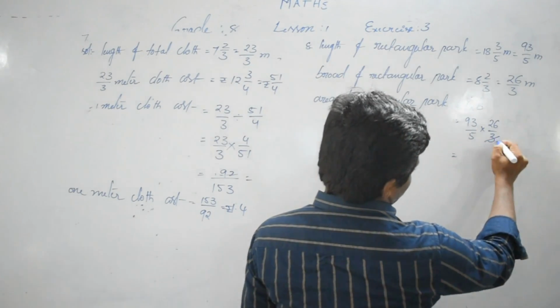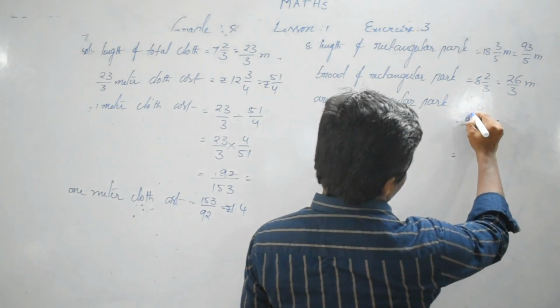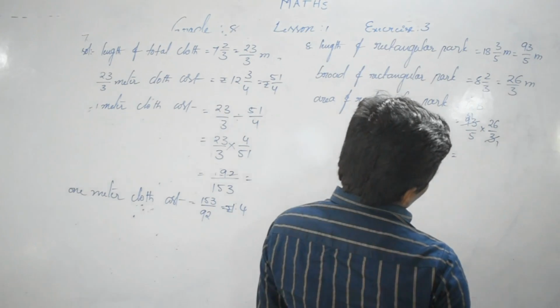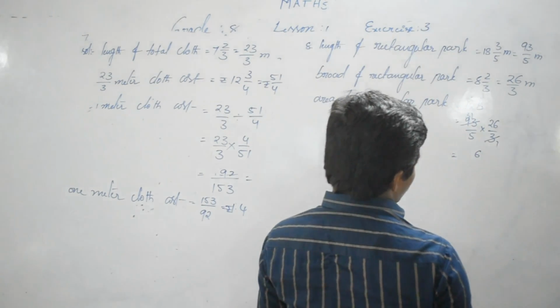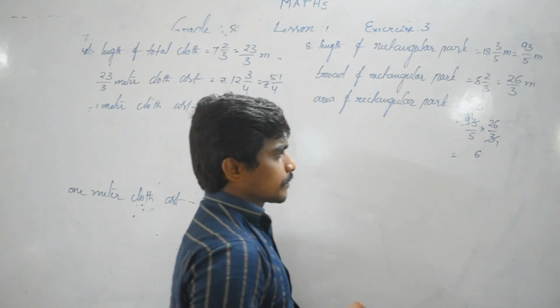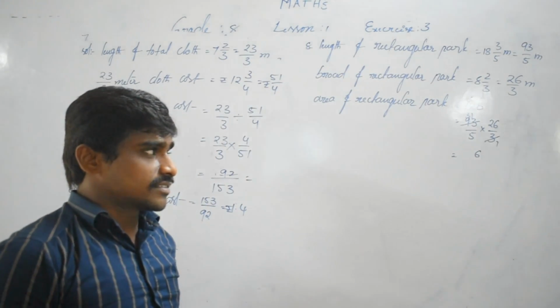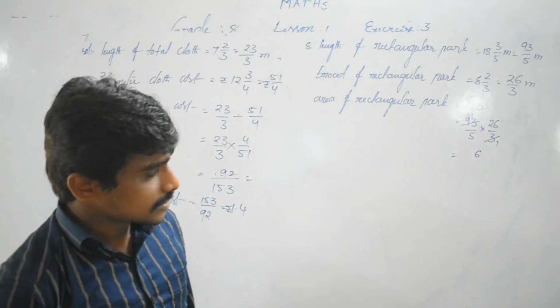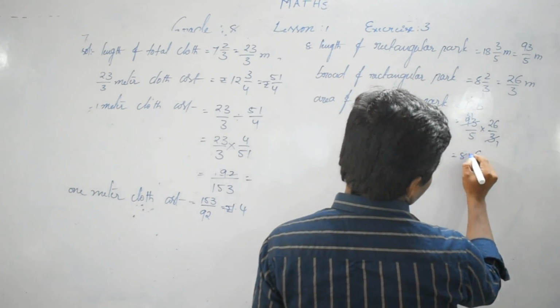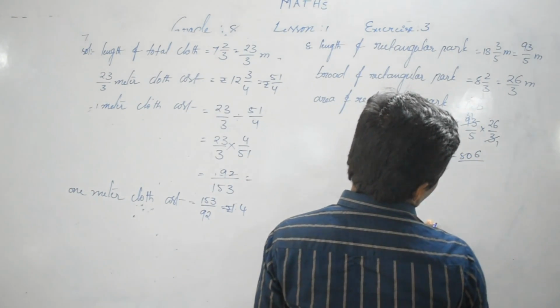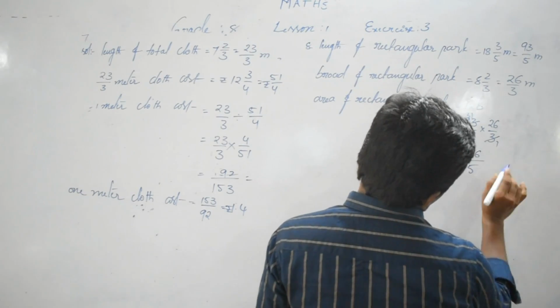So 3 into 31 is 93, 31. 26 3s are 78, 780 by 5.